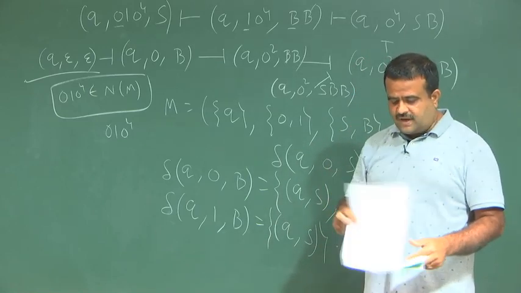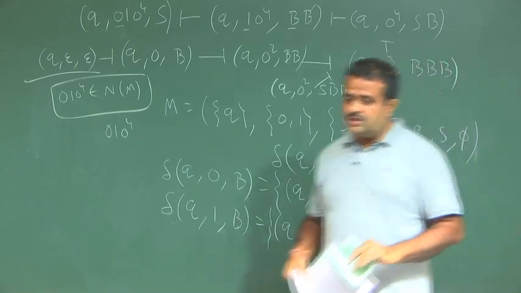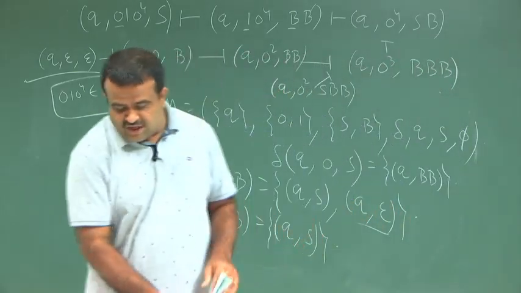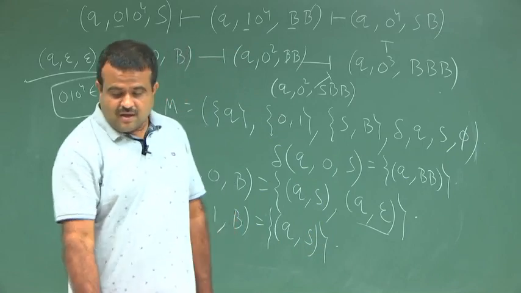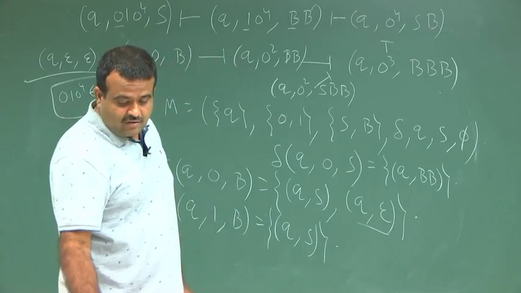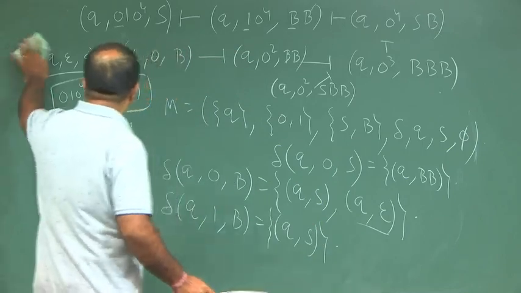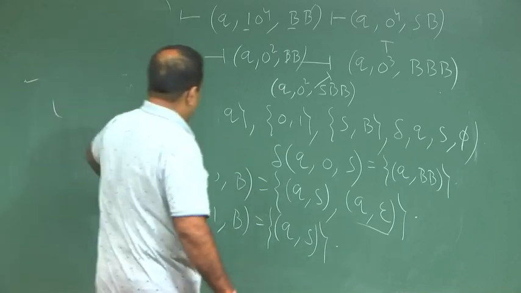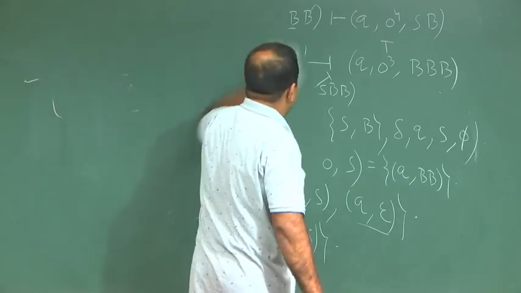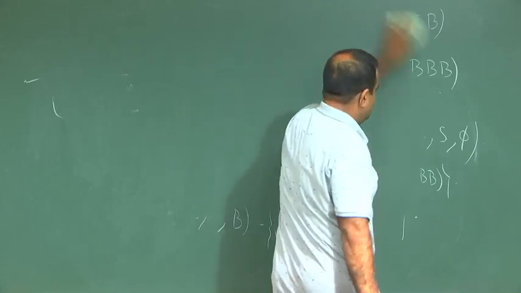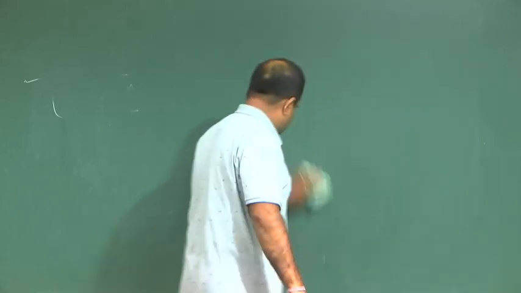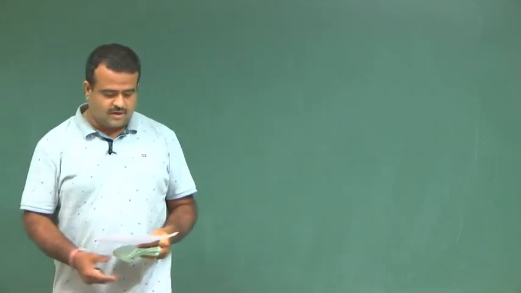So, we can have another construction corresponding to this, but not in general, I mean which may not be in the GNF. So, that is what we are calling the alternative construction. So, any string which is accepted by that grammar can be accepted by this automata. Okay.